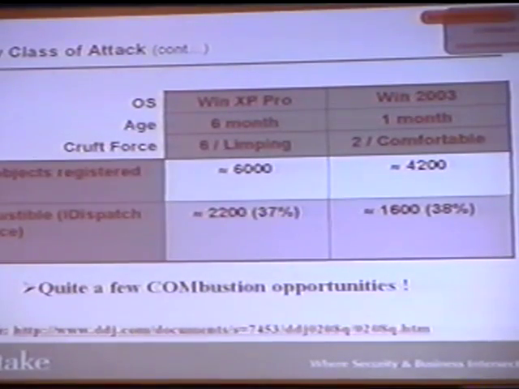Not all of them have vulnerabilities, luckily, but the sheer number indicates that there is good potential. On the right side, a brand new Windows 2003 install still has 1,600 objects that are combustible. In case you don't know about the Croft scale, go check it out. It's a fun and good way of measuring how old your OS is and how stable it is.